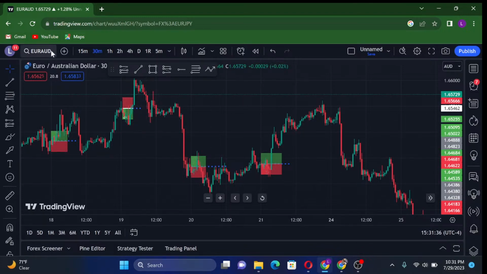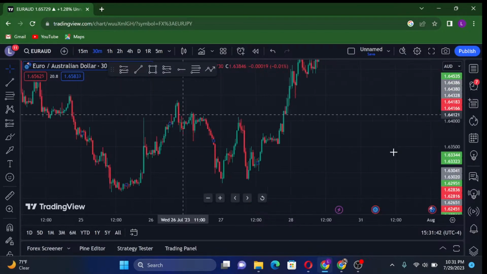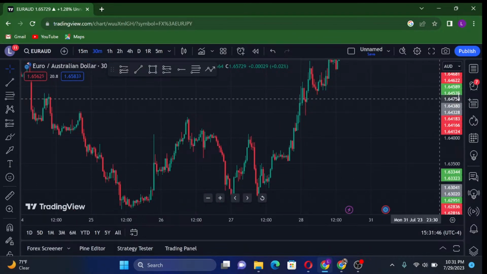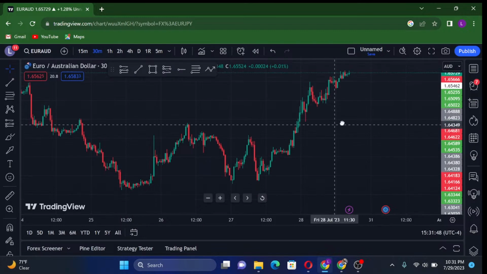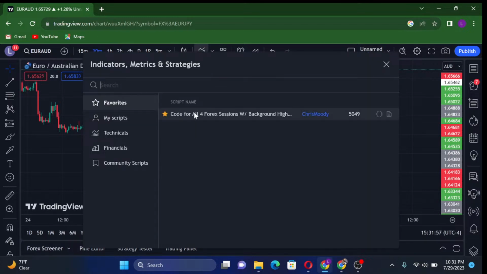Time is little, so for the Asian session, first of all, let me go to the recent charts. This is Euro AUD. So to mark the Asian session very well, mostly we use indicators, and the indicator used is called forex sessions.